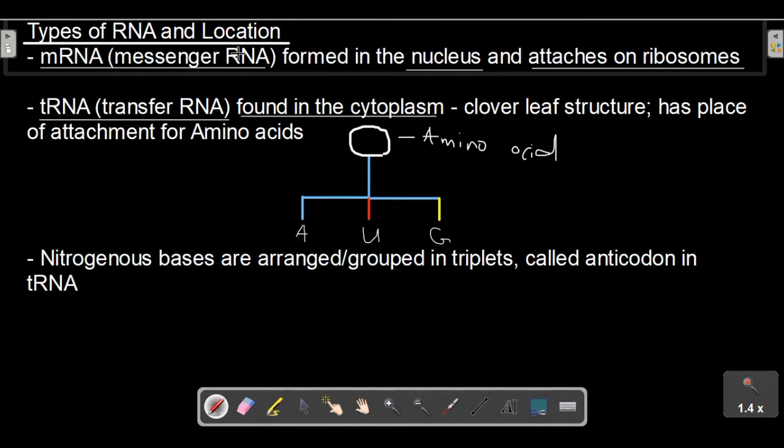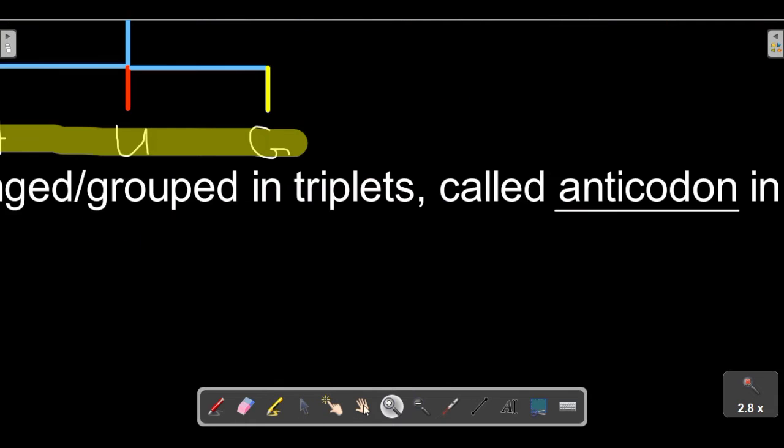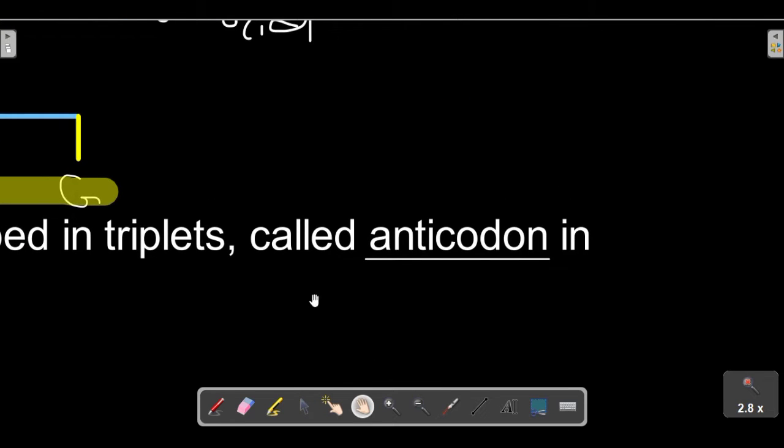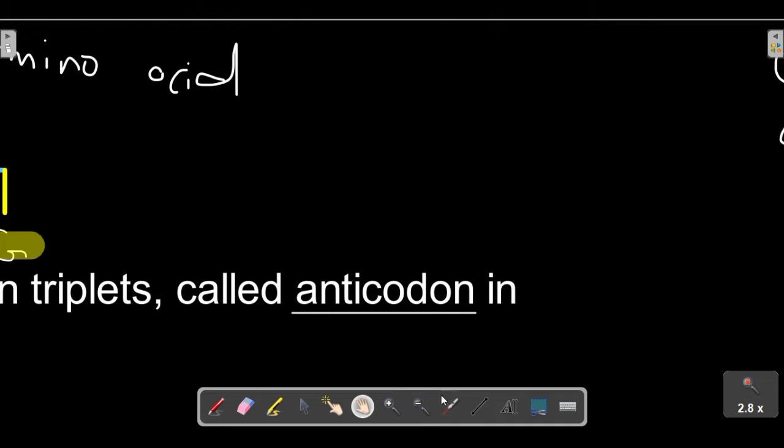Okay, so these triplets, this whole triplet, we give it a term. Okay, so this group of nitrogenous bases found in the tRNA, we call that group an anticodon. Okay, anticodon. And if you happen to forget, remember this is tRNA, right?